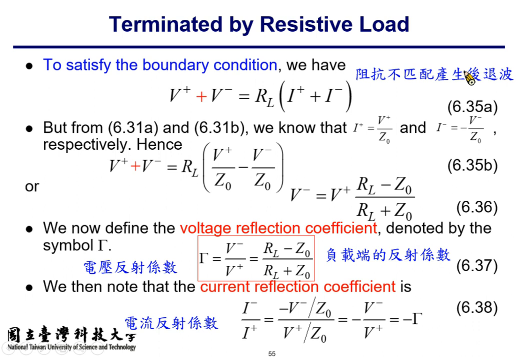Memorize this relationship. Reflection coefficient, by definition, is the negative going voltage over the positive going voltage, and it equals RL minus Z sub 0 divided by RL plus Z sub 0.